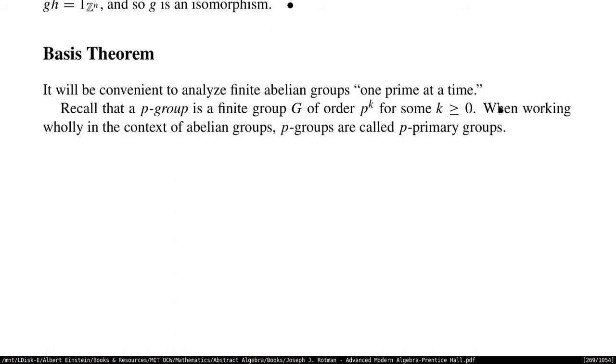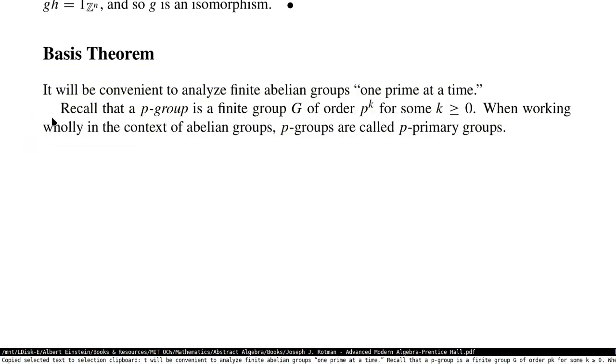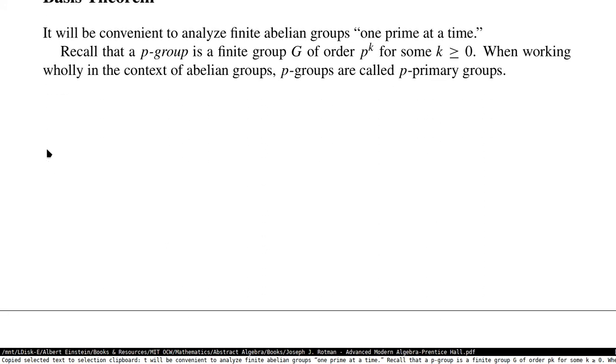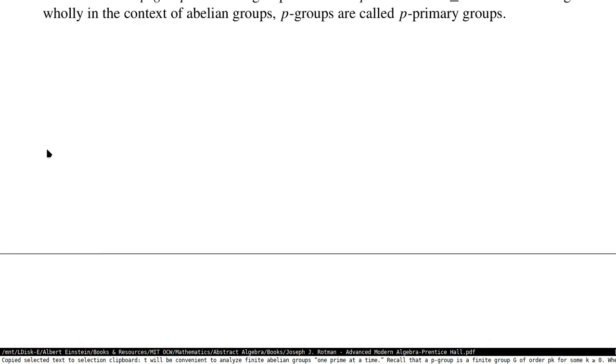I read this remark when I was reading, I just skipped it here. But a P-group, of course, is the finite group which has order P^k.